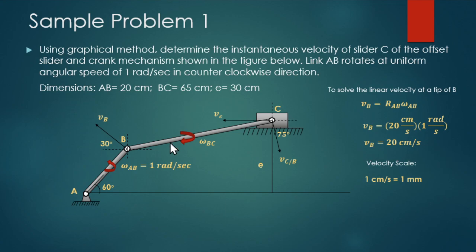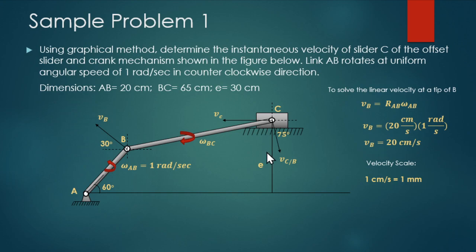So how do we get the velocity C relative to B and the velocity C, or the absolute velocity C?